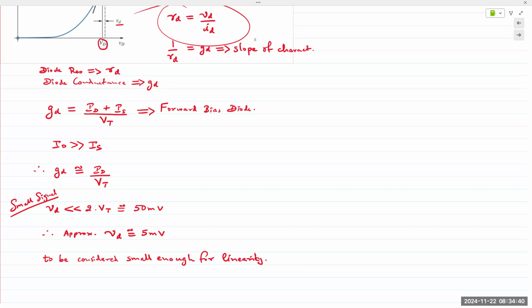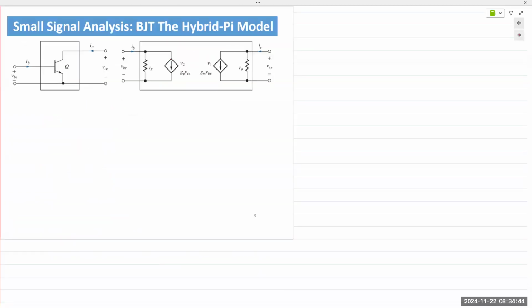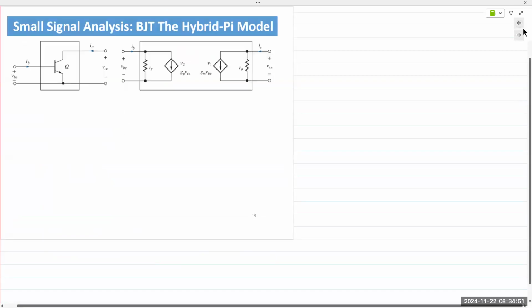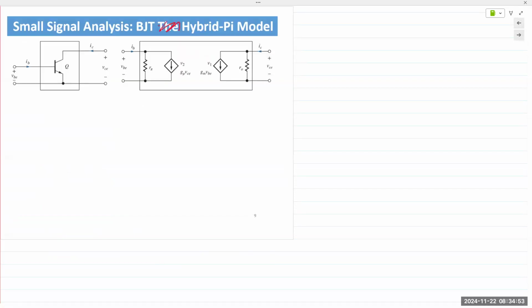All right, then let's look at the BJT model. Okay, BJT model. Actually, this is not the hybrid pi. I have to change that out. It's just a BJT model that we are starting with. We are treating it as a two-port network, if you recall from EE 212, final chapter.